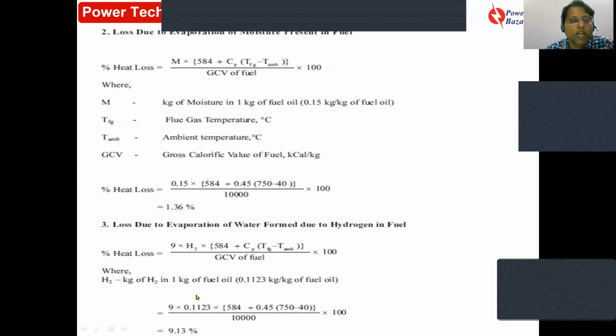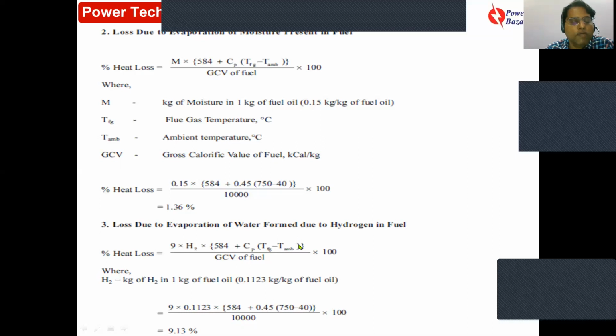So this much H2 is there, into 584 plus 0.45 into 750 minus 40, and we divide by GCV of fuel, which is 10,000. So here we got almost 9.13% is the loss due to evaporation of water formed due to hydrogen in fuel.